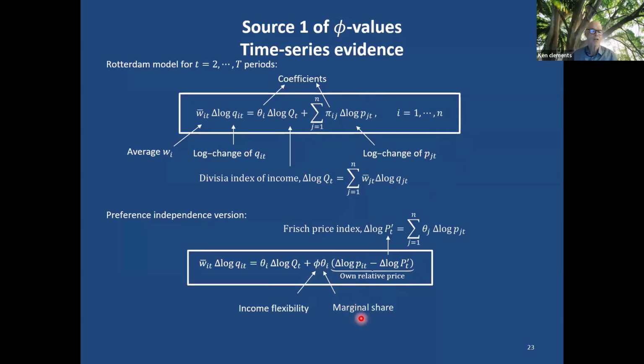Theta i is the marginal propensity to spend on commodity i, and this deflator in this relative price is a Frisch price index because it's marginally weighted.